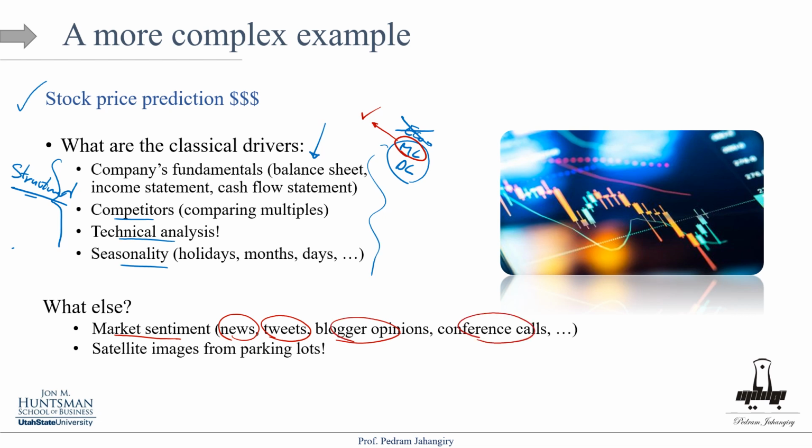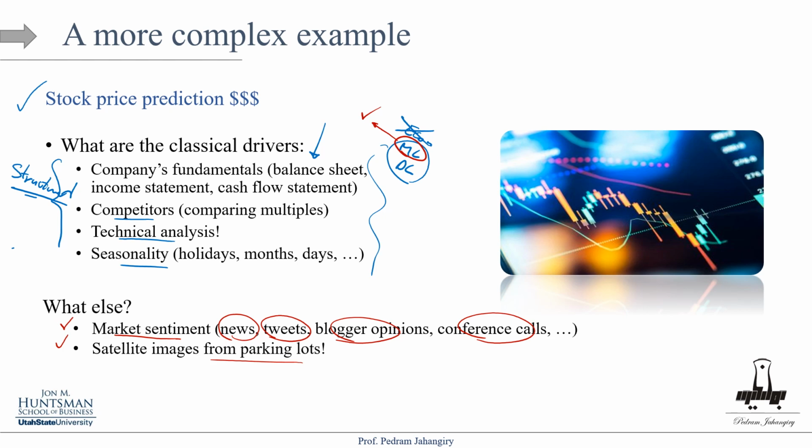So I want to have a model that can listen to the conference calls and look at the sentiments and trade on that, right? Another example is, for example, I want to extract some information from satellite images of a parking lot, right? I don't want to wait for a quarter for the company to report its inventory or sales. I just want to look at these satellite images in real time and extract some information.